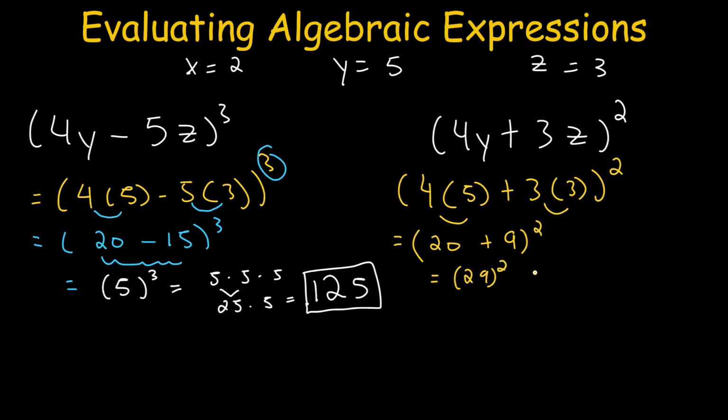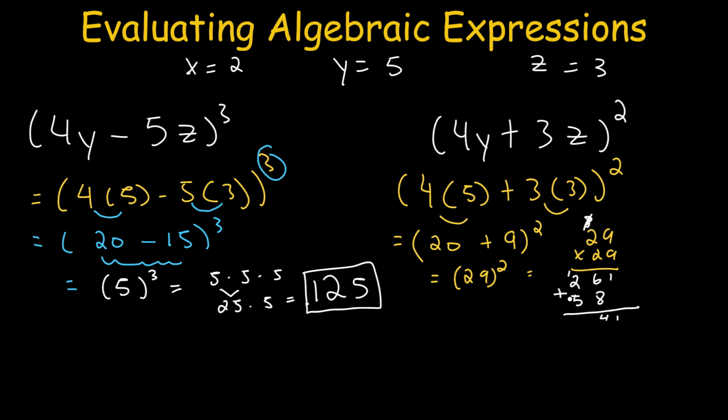Let's square this, so we will do 29 times 29. Let's quickly find it this way. 9 times 9 is 81. 9 times 2 is 18 plus 8, that will be 26. Now, 2 times 9 is 18, carry the 1, and 2 times 2 is 4 plus 1, that is 5.